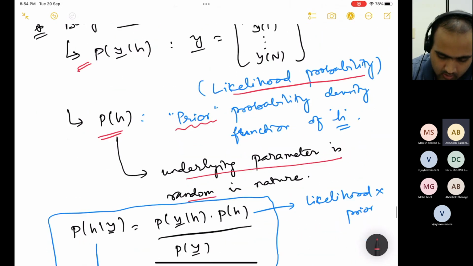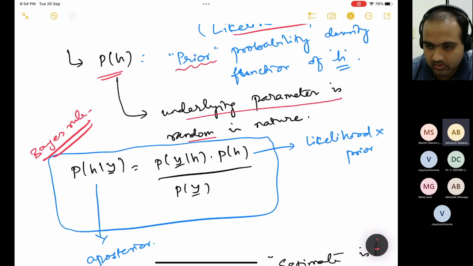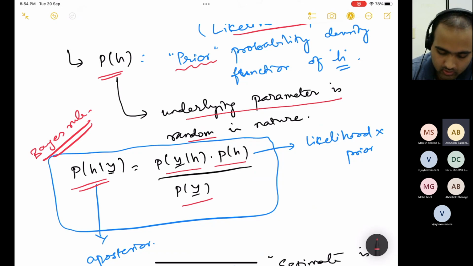Okay, so I'll again take you to the famous Bayes rule, right? So what does the Bayes rule say? It says that the probability of h given y is the probability of y given h times p of h, divided by p of y. So if you see these terms, the numerator is likelihood times prior.